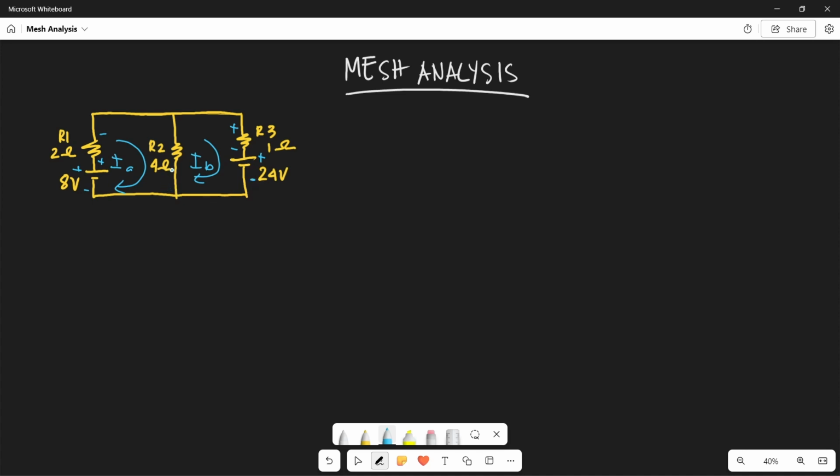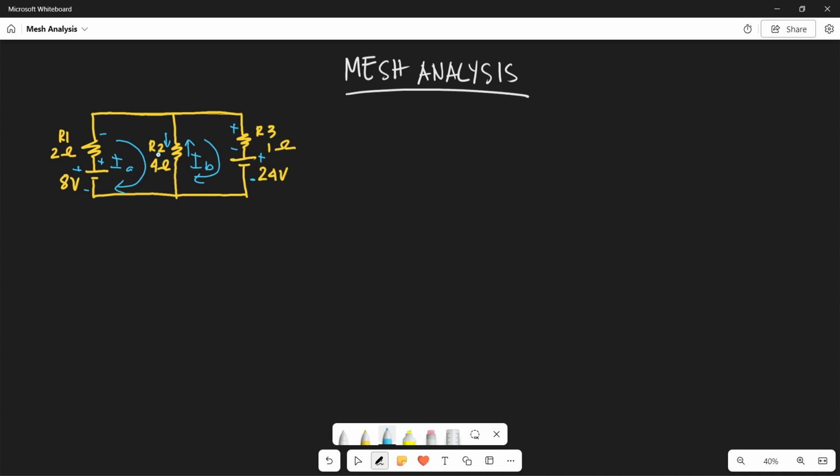So for resistor R2, there are two currents flowing through resistance R2. One is IA, which is going in this direction, and then one is IB, which is going in this direction. So R2 will then have two sign conventions, one with respect to IA and one with respect to IB.